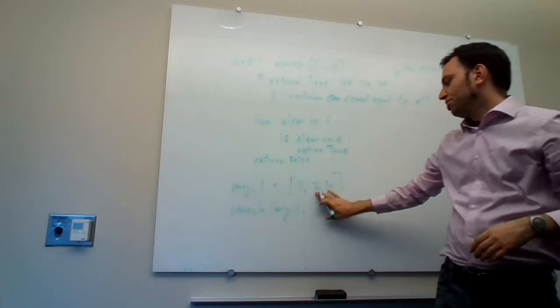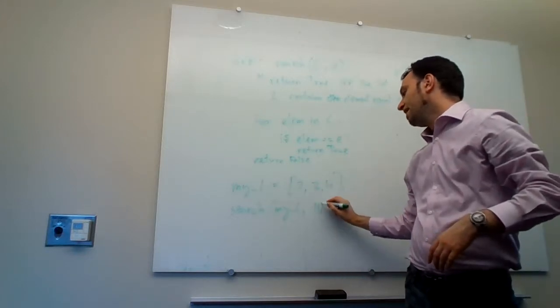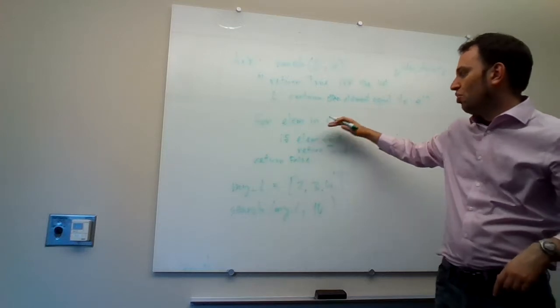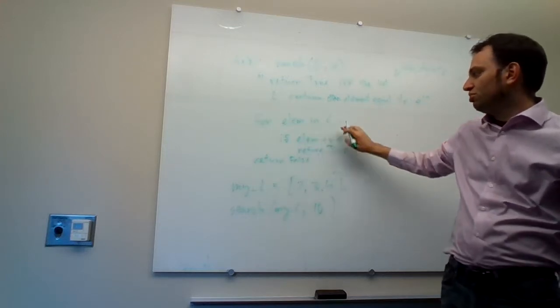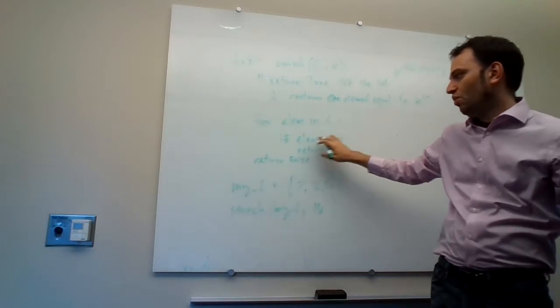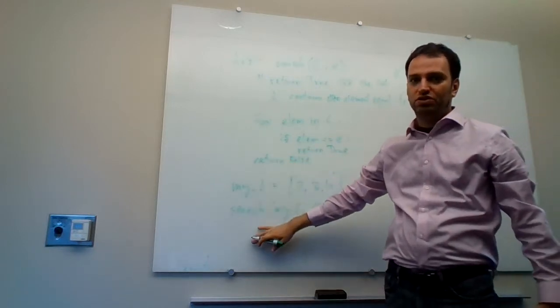When would we get to return false? Well, let's say that this is 10, in which case this would never be true. So you'll go through: is 2 equal to 10? No. Is 3 equal to 10? No. Is 4 equal to 10? No. Well, we get here and we return false.